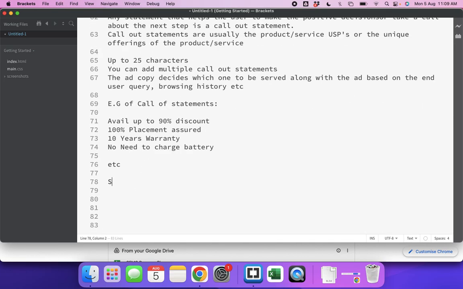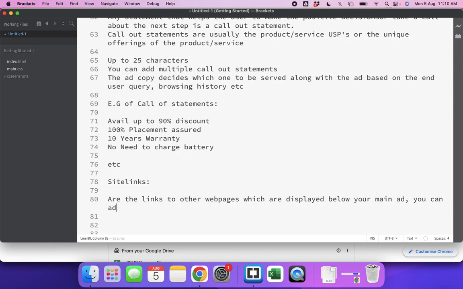Then comes site links. See, your ad copy has these many things. Site links are links to other web pages which are displayed below your main ad.